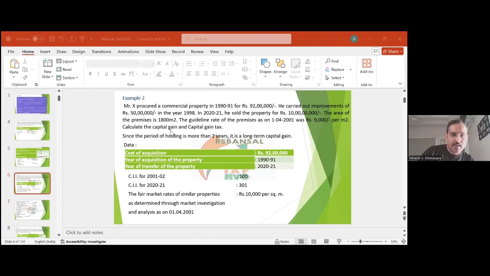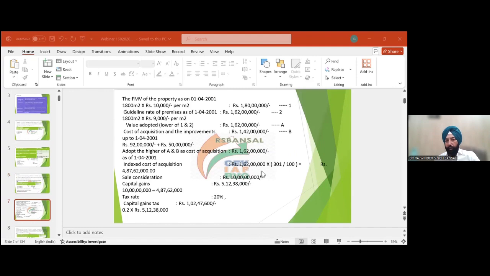The original construction was in 1990, so we have ignored that part. This is just an example to make you conversant with how to calculate cost of acquisition. This is the important thing.